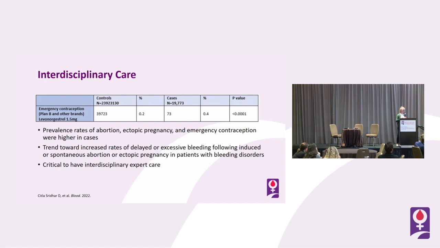Their summary was that it's critical to have interdisciplinary expert care. But I think it calls attention to the fact that we don't always keep track of this data. As Dr. Baldwin highlighted in that 2019 review of hemophilia A carriers, the only topic of abortion that came up was whether the pregnancy was affected by hemophilia, and not whether somebody had elected to have an abortion for any other reason.